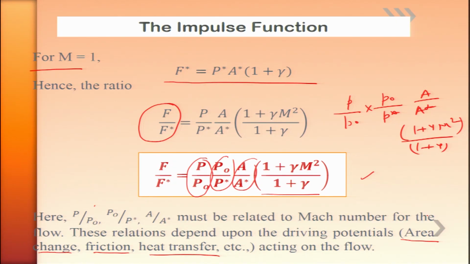However, for simplification only, in gas dynamics at undergraduate level, you are being taught the area relationship, that is the area change without friction and heat transfer, and Fanno flow and Rayleigh flow are studied differently. However, in the advanced courses, when you move on and when you perform research in this area, then all of them must be studied together.